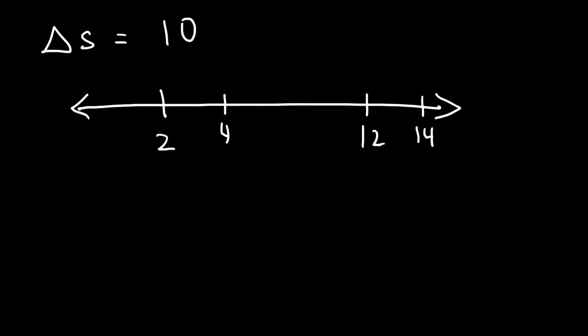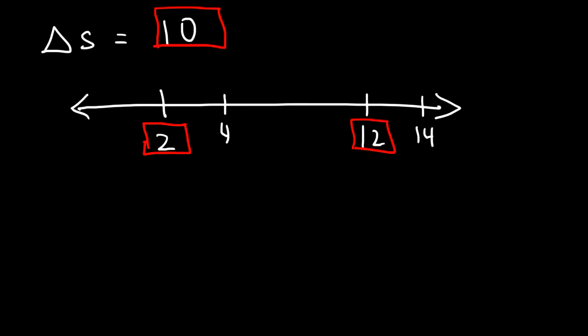Now, if we know we started at 2, then we know that we're going to end at 12 because the change is 10. And so the definite integral of velocity will give you the displacement. It won't tell you where you started or where you ended. It just tells you the change in position. It also doesn't tell you how you got there.